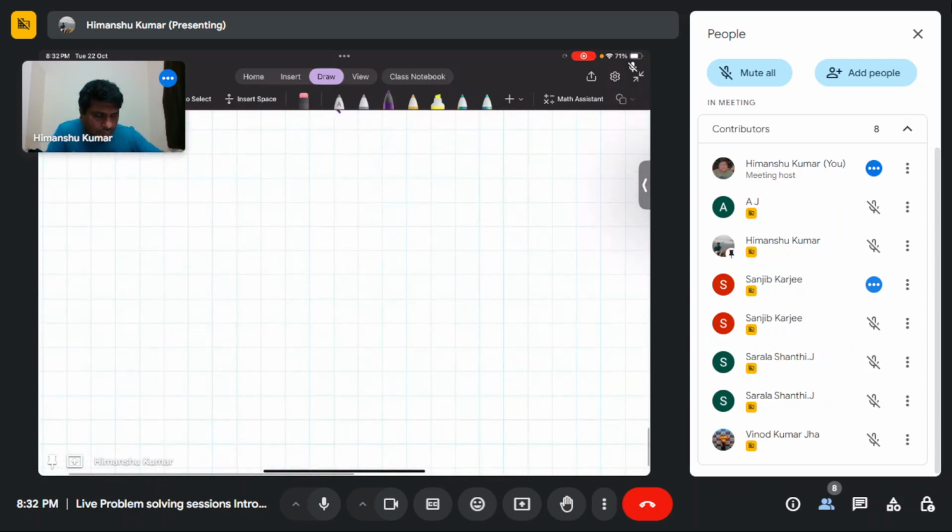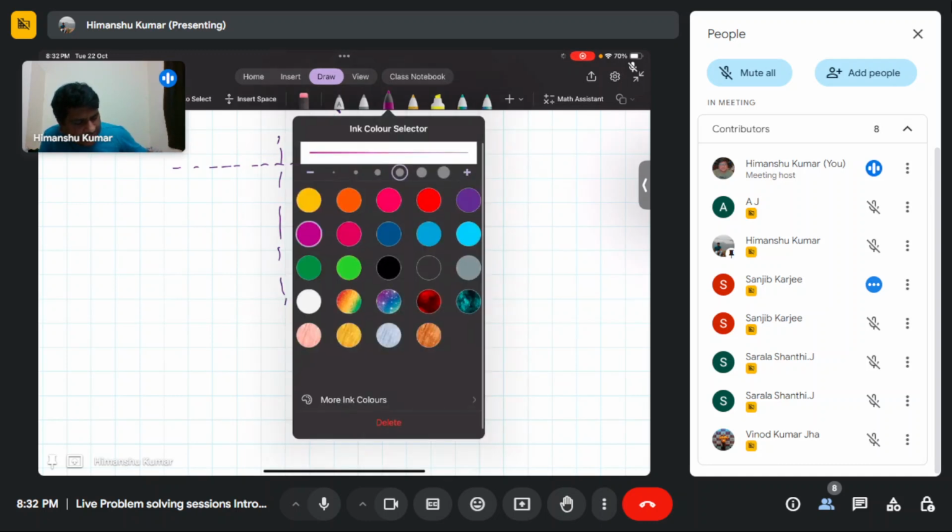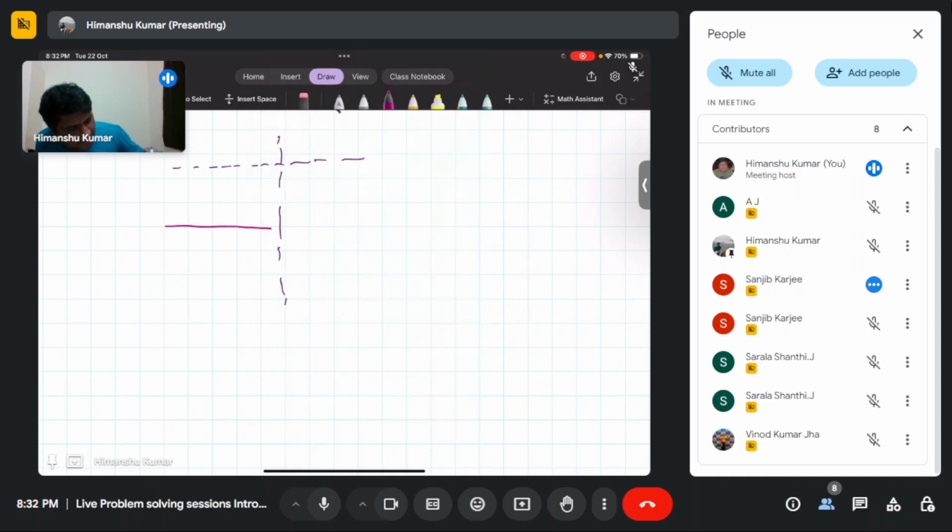So you were dealing with a band diagram like this. Suppose this is the vacuum energy level, and this is your interface. Till now we were discussing problems where the electron affinity of the p side and the n side was the same.